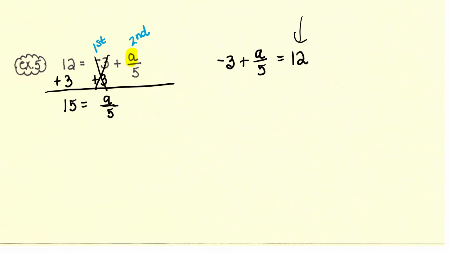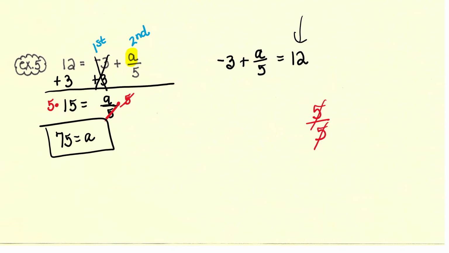This is attached by divide, so therefore I need to multiply because I need the 5 in the top and the 5 in the bottom to cancel, just like you're used to seeing a fraction cancel. And so then my answer is 15 times 5, which is going to be 75, is equal to a.